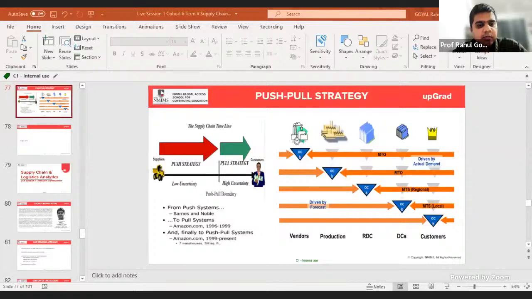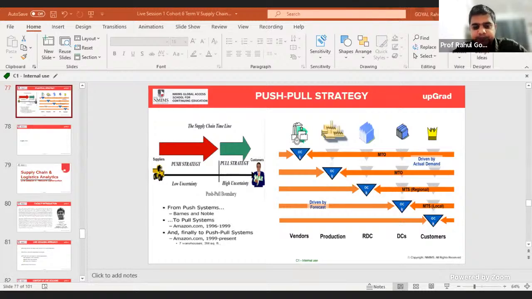Just stay with me. I'm opening all the files. Okay, so we'll look at 5 models, 5 demonstrations, to validate all the concepts that we have learned.